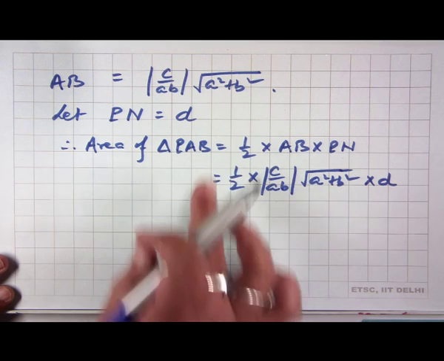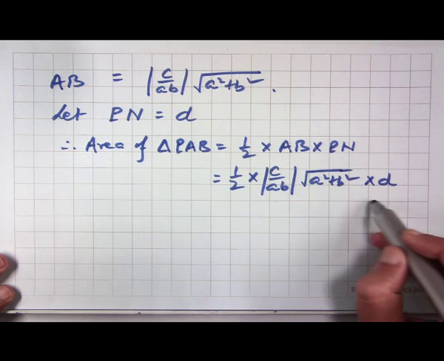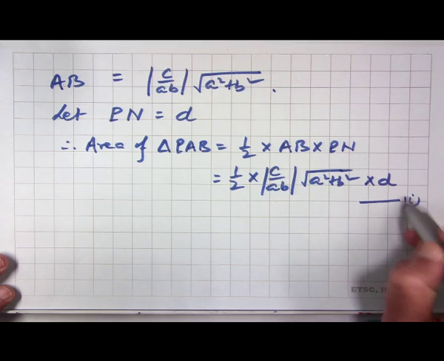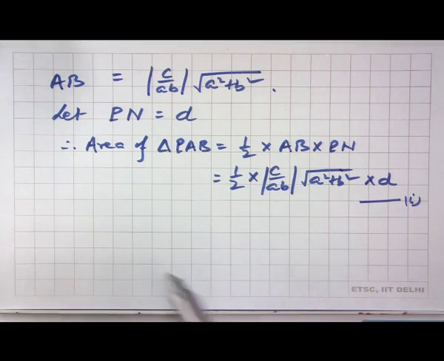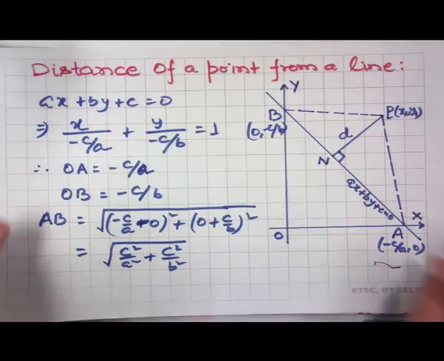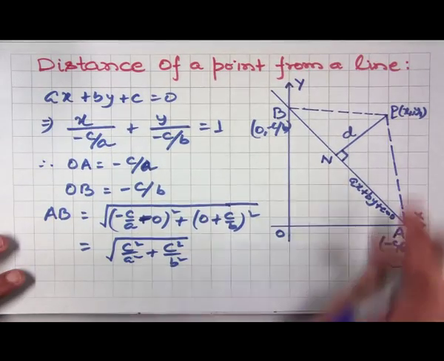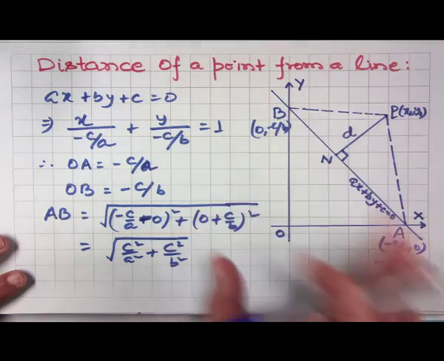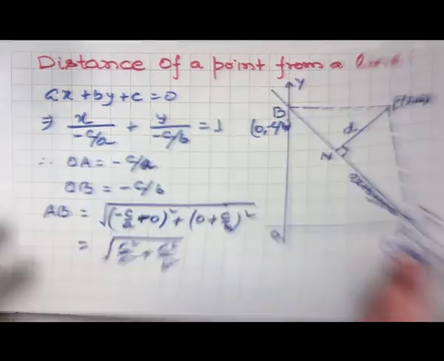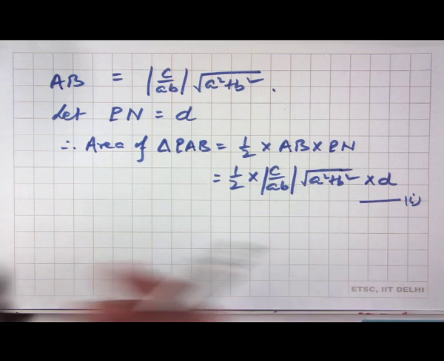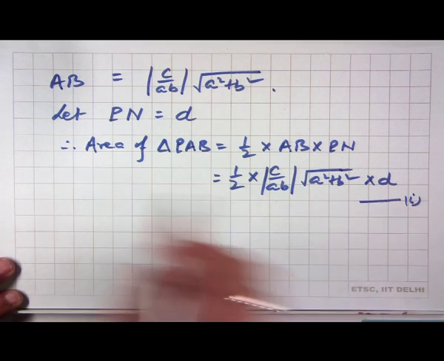The area of triangle PAB can be found in this way, and we can also find the area of the triangle by using the vertices of triangle PAB.